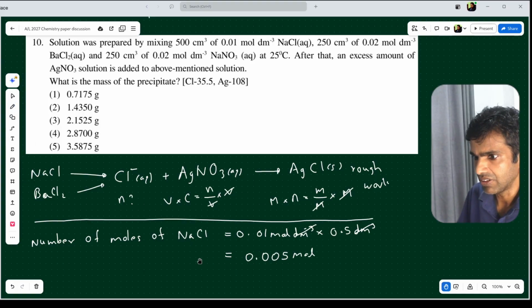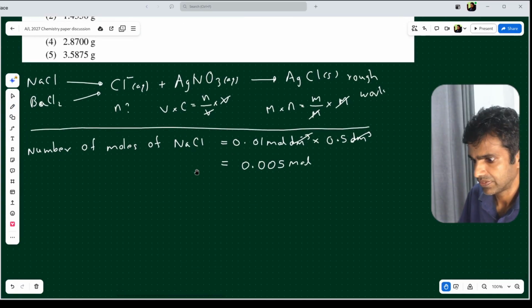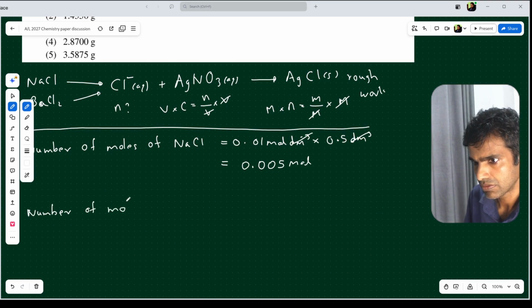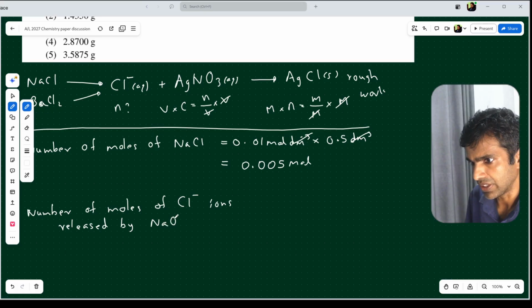Then we can calculate the number of moles of chloride ions released by sodium chloride.